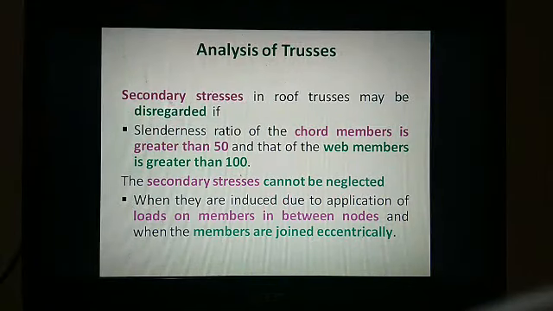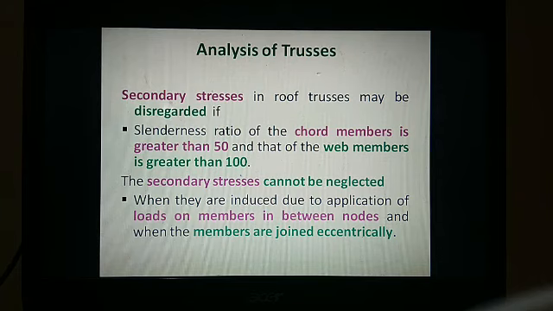Further, a slenderness ratio of the chord members greater than 50, and that of the web members greater than 100, is considered to check whether your member is subjected to buckling or not. As I am talking about the chord members, the top chord members also have to be checked for slenderness ratio.